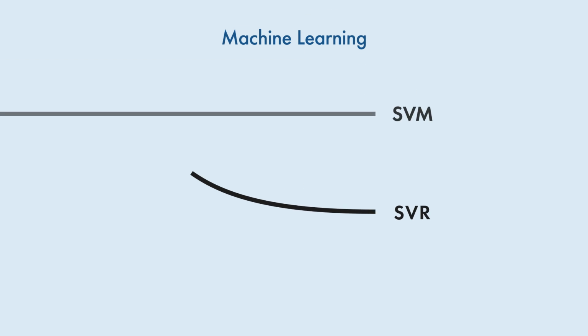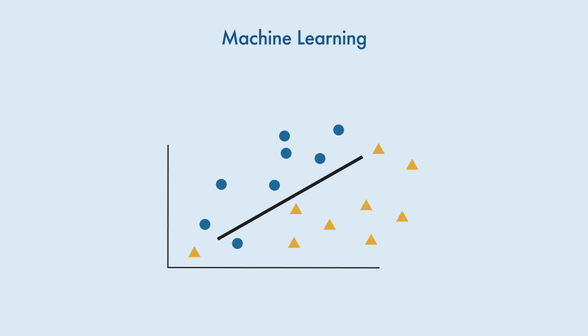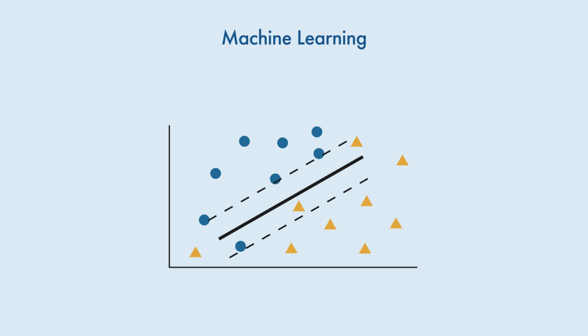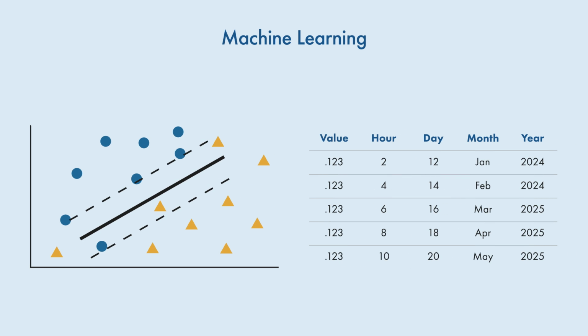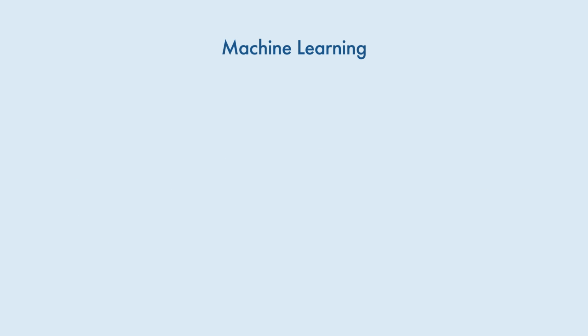This is an adaptation of support vector machines and works by finding a best fit line within a margin, making it effective where data is noisy or nonlinear, like predicting sensor readings. Since SVR doesn't naturally account for time dependencies, the time can be represented differently. This approach allows SVR to capture complex patterns, though it may struggle with changes that happen over longer periods.